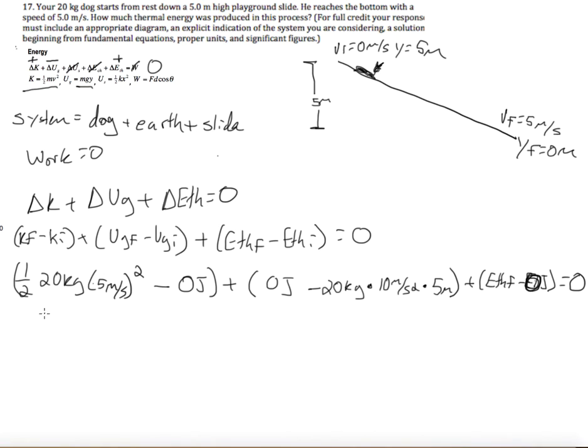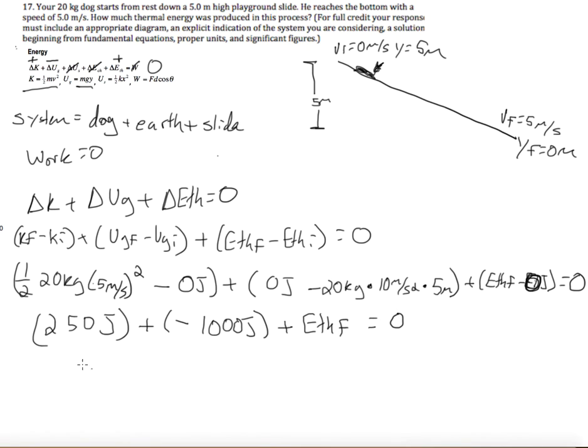So we can start to solve this out. We're going to get 5 squared is 25, 250 joules here, plus a negative 1,000 joules, plus ETH final.